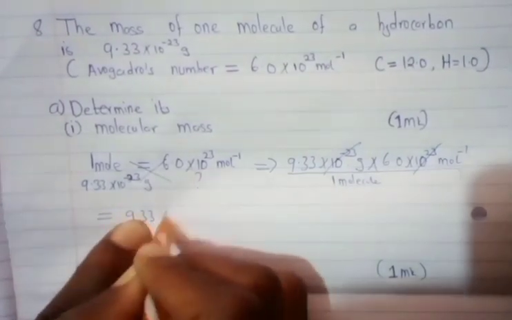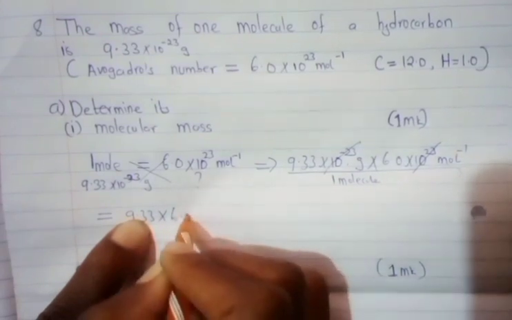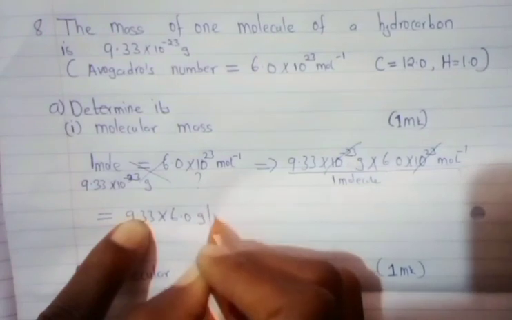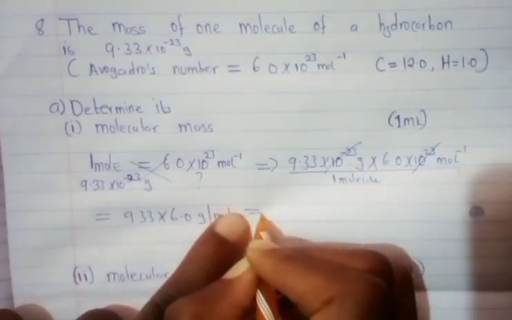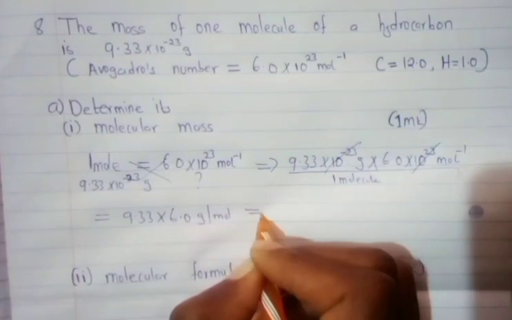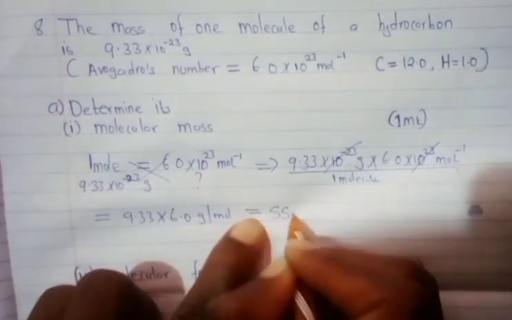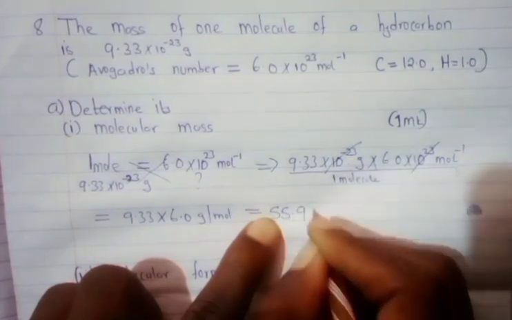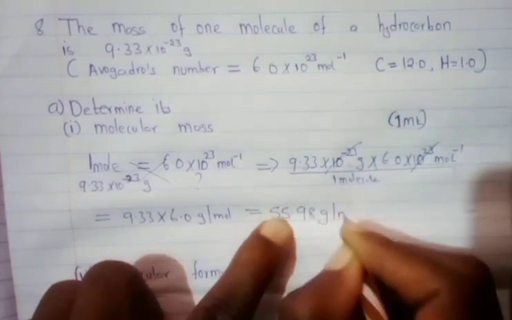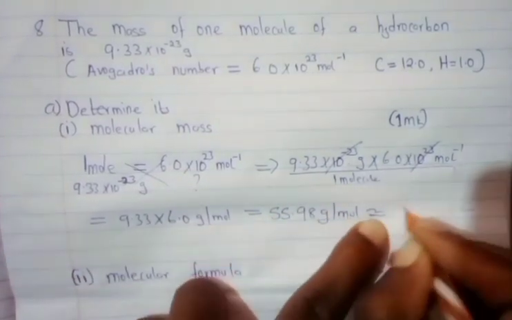9.33 multiplied by 6.0 gram per mole. Now here you use your calculator, you will get 55.98 grams per mole, which is approximately 56.